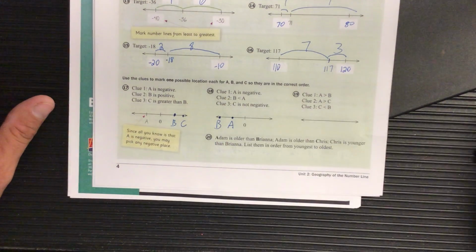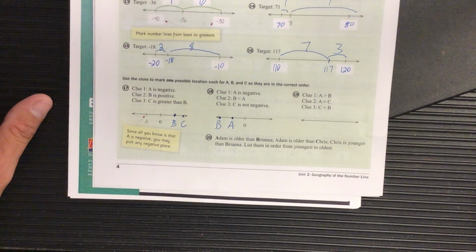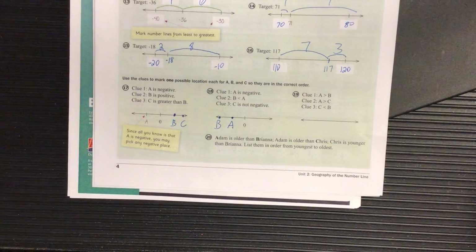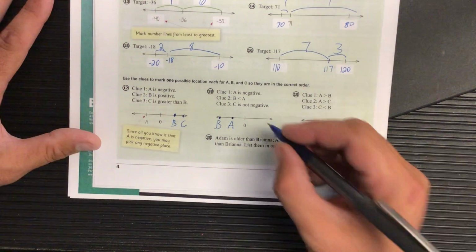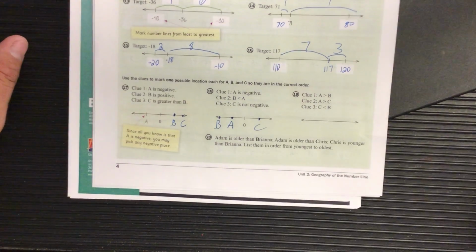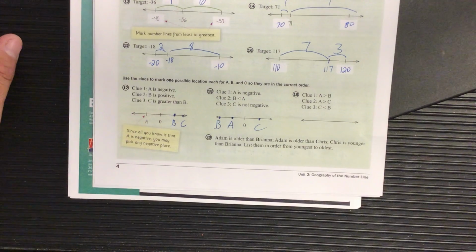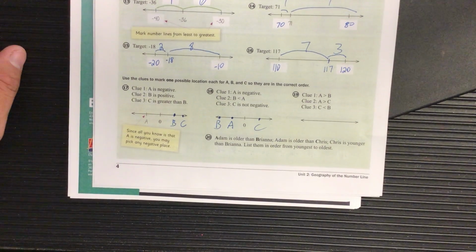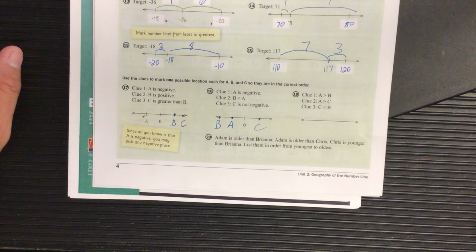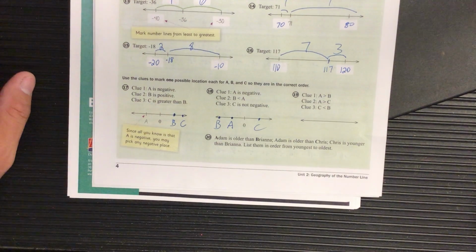And then it says C is not negative. If it's not negative, that means it's positive. It's got to go over here somewhere. If it were negative, it would tell you. Less than means smaller.